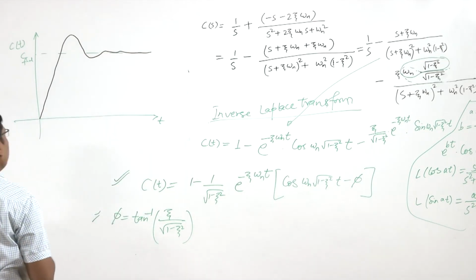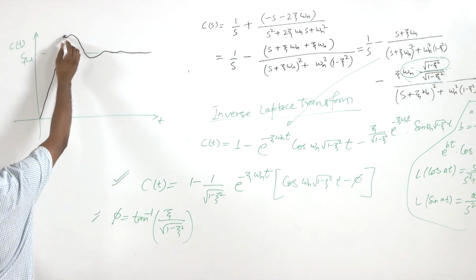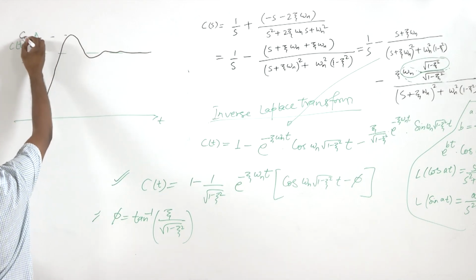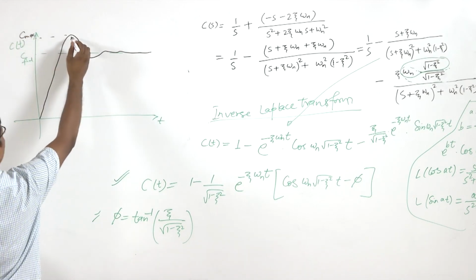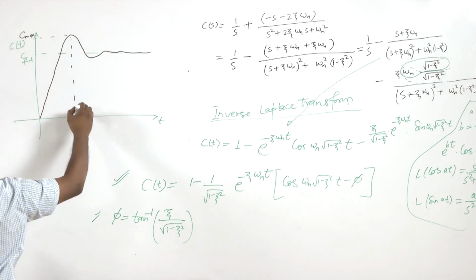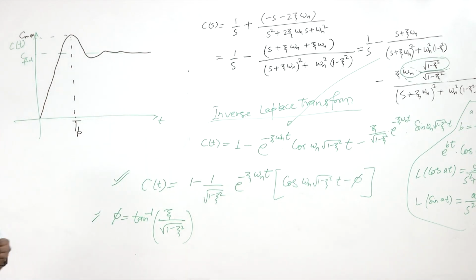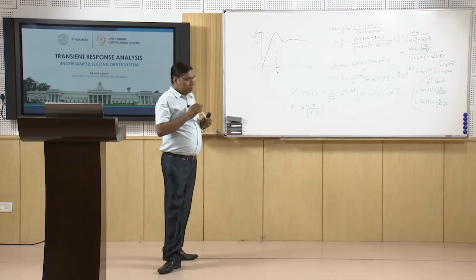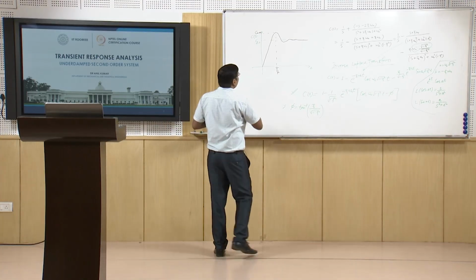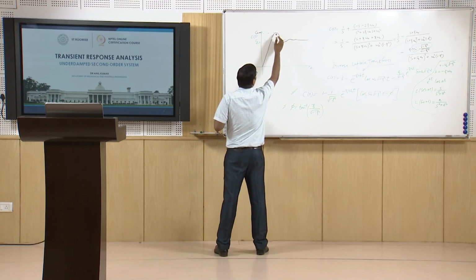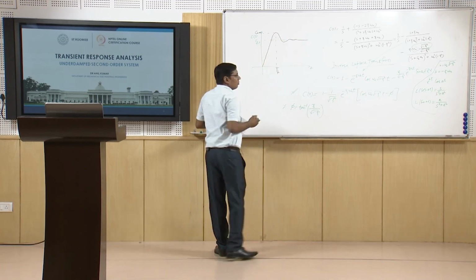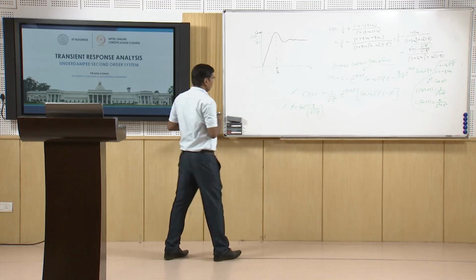This value is called C max or peak value, and the time at which this peak value occurs is called the peak time. Then this value C max, how much it rises with respect to the final value, is called overshoot.